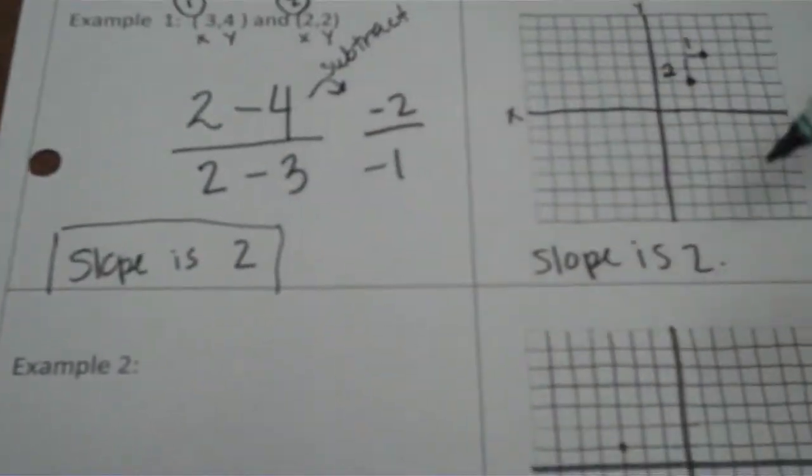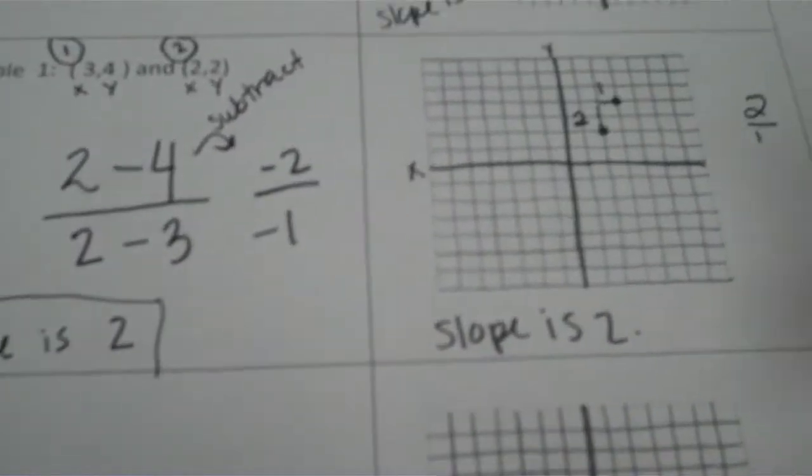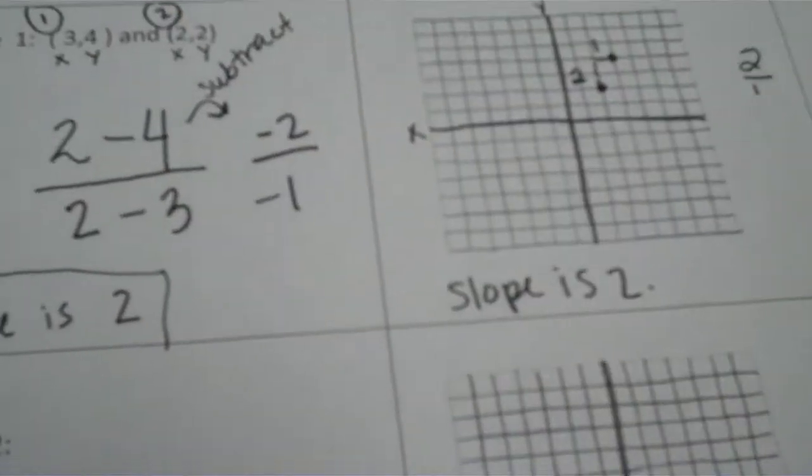Remember, you do the rise divided by the run. So 2 divided by 1 is 2. Slope is 2. If you see, I did slope formula here, I did rise over run here, and I got the same answer. Both are a slope of positive 2. So 2 ways to do it.